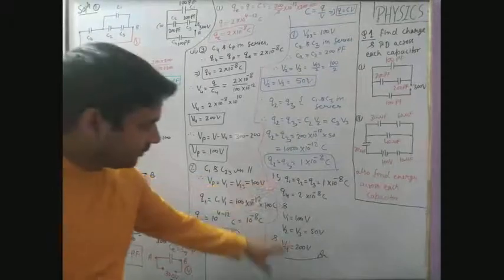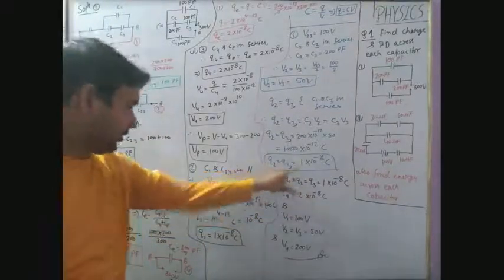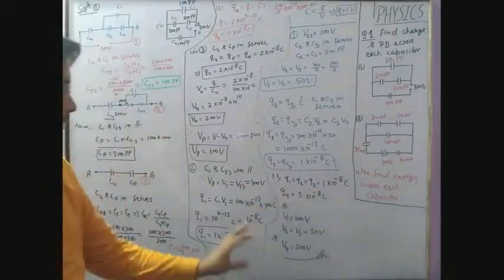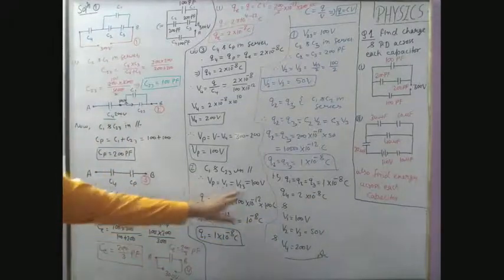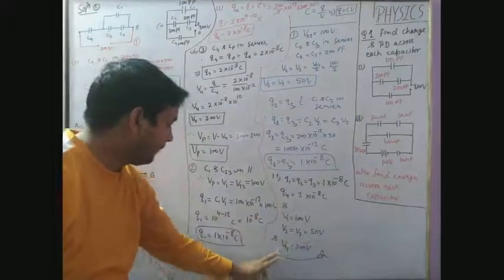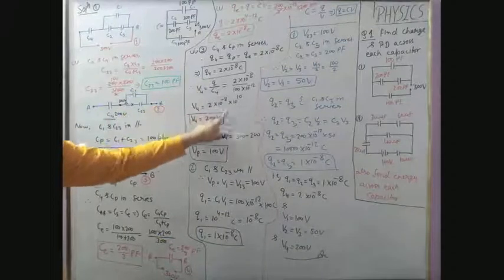Finally, Q1, Q2, Q3 are the same, and Q4 is 2 into 10 to the power minus 8. Now V1 from here is 100 volt, V2, V3 from here are 50 volts, and V4, which we calculated here, is 200 volt.